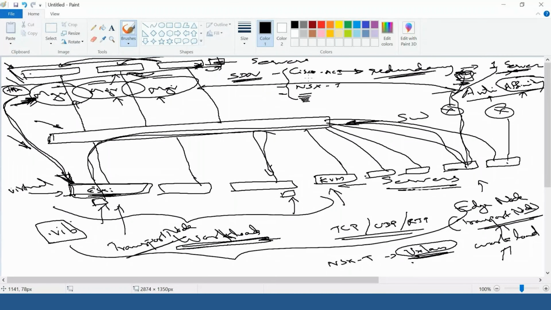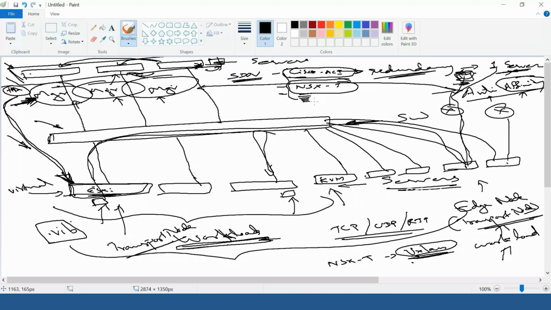If you are thinking about Cisco ACI, then the answer is throw out all your existing networking infrastructure and purchase a new set of infrastructure to enable SDN on your network. But if you are thinking about VMware NSXT, whatever traditional old useless switches you have doesn't matter. On top of that, you can run NSXT.